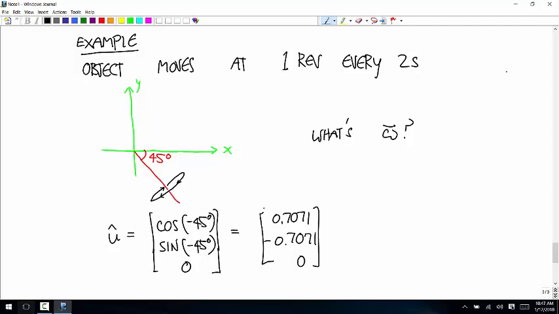One revolution every 2 seconds. What's that in radians per second? So it's 2 pi radians per 2 seconds. So pi radians per second.